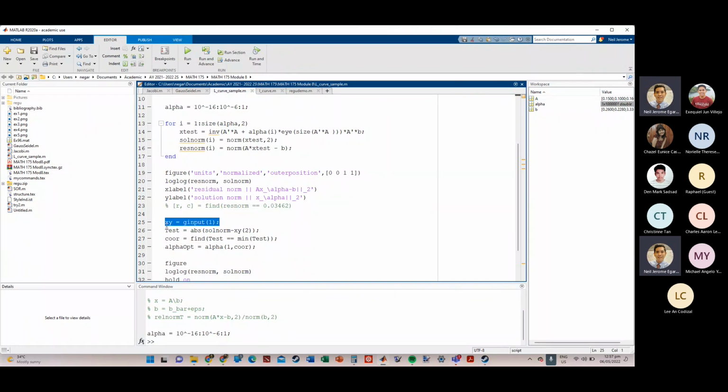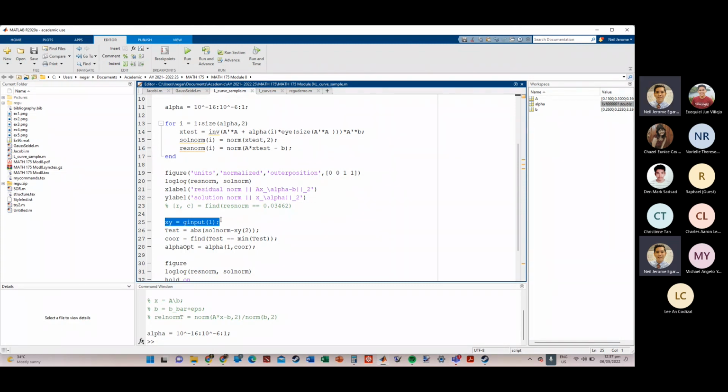Tapos, yung line 25, ito yung dahilan kung bakit ko gustong full screen. Kasi itong line 25, it will allow me to click a point on the figure that MATLAB will generate. Isi-save niya yung x at saka y coordinates noong i-click ko na point dun sa screen into the vector xy. Okay?